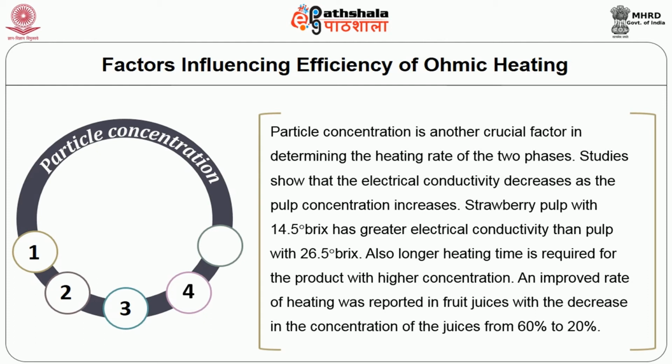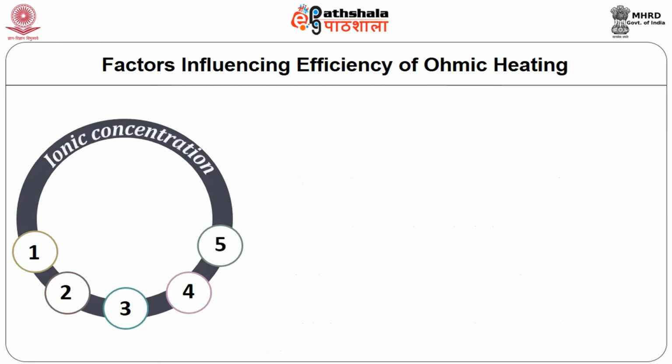Also, longer heating time is required for the product with higher concentration. An improved rate of heating was reported in fruit juices with the decrease in concentration of the juices from 60 to 20%. Ionic concentration is also another factor which influences the ohmic heating process.